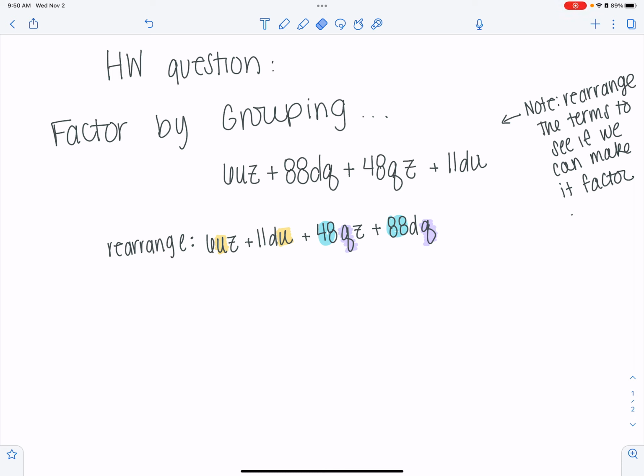And so I rearranged the terms, so that I had 6uz and 11du, and then I had the Q ones in the back. And that I'm just guessing to see, will this work? So I rearranged the terms to see if I can force it to factor, and I just put the things that have similar variables together.